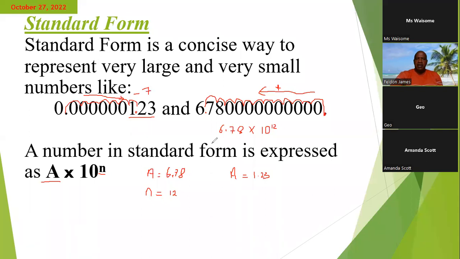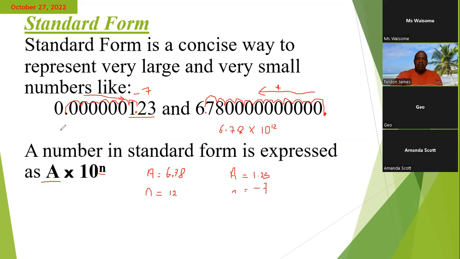Now, once we know N, all we now have to do is to write the number from the general formula, replace A with 1.23, and replace N with negative 7.